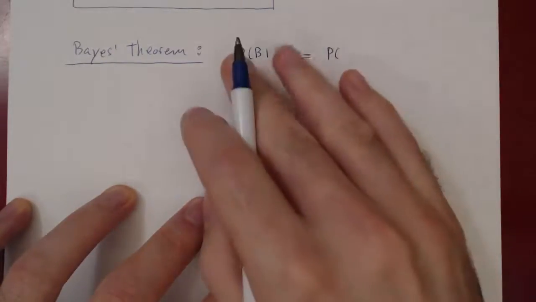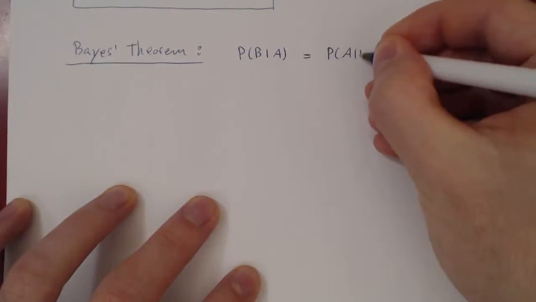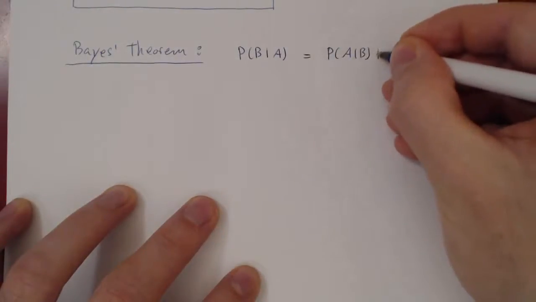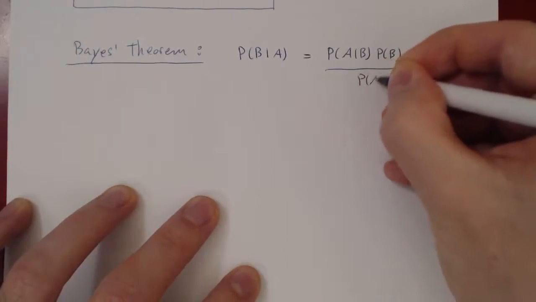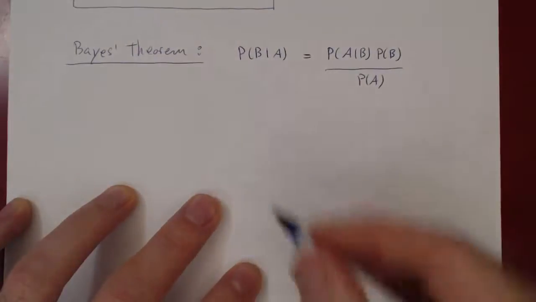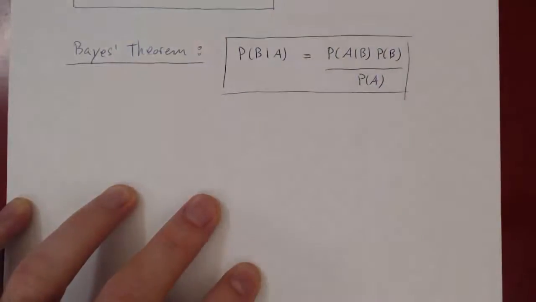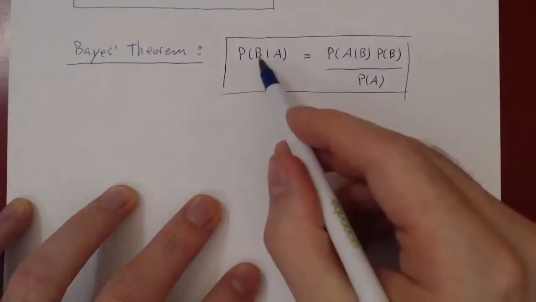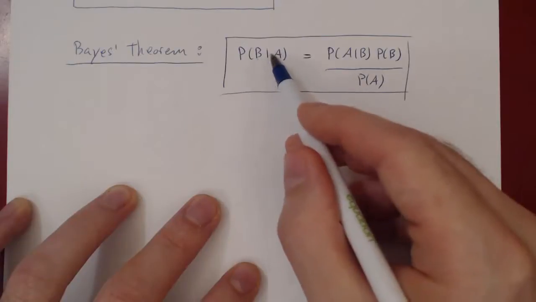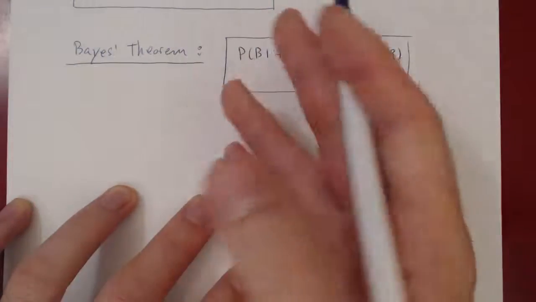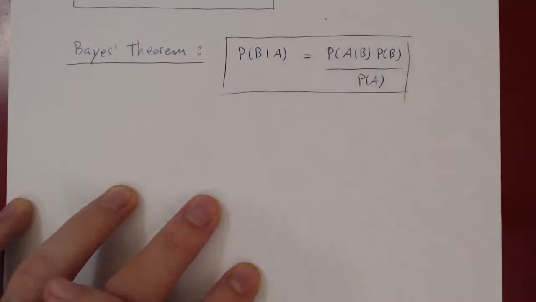P of B given A, you can flip the order of the two events, is P of A given B times P of B divided by P of A. And that's it. That's Bayes' theorem. So how should you use it? Well, every time you want a probability of B given A, and you know the probability of the reverse, A given B, use Bayes' theorem, and you're good to go.